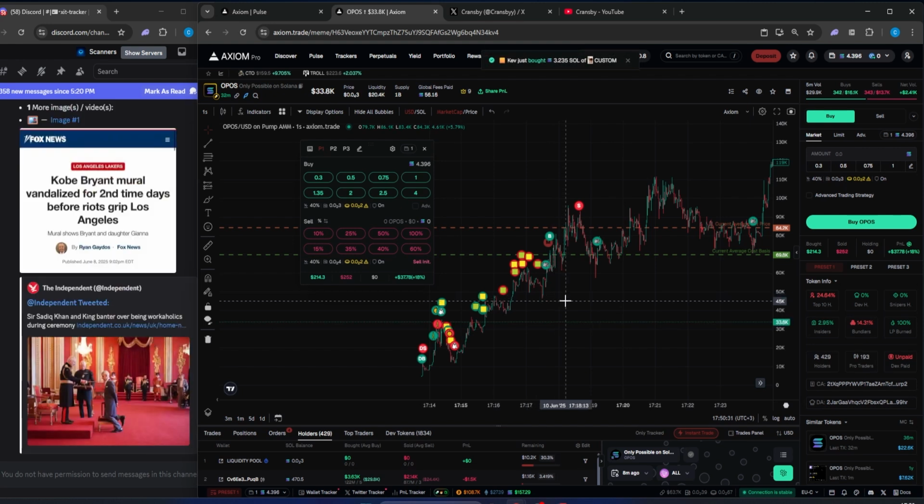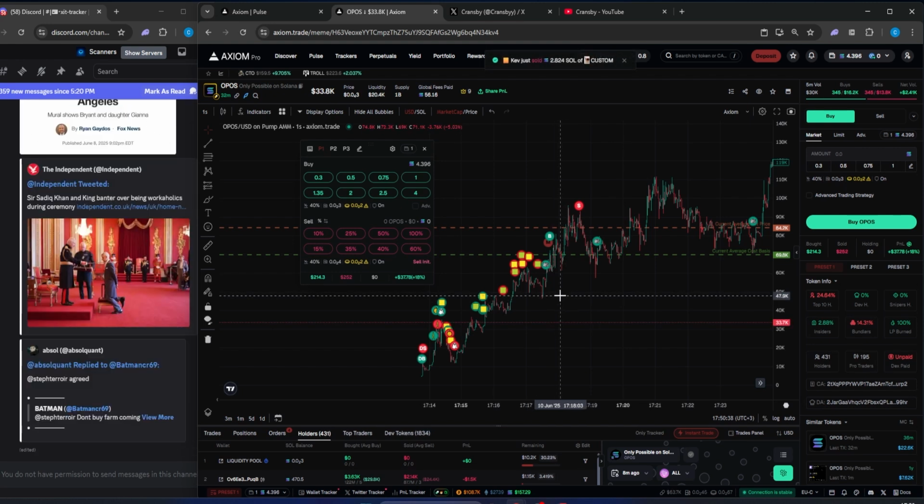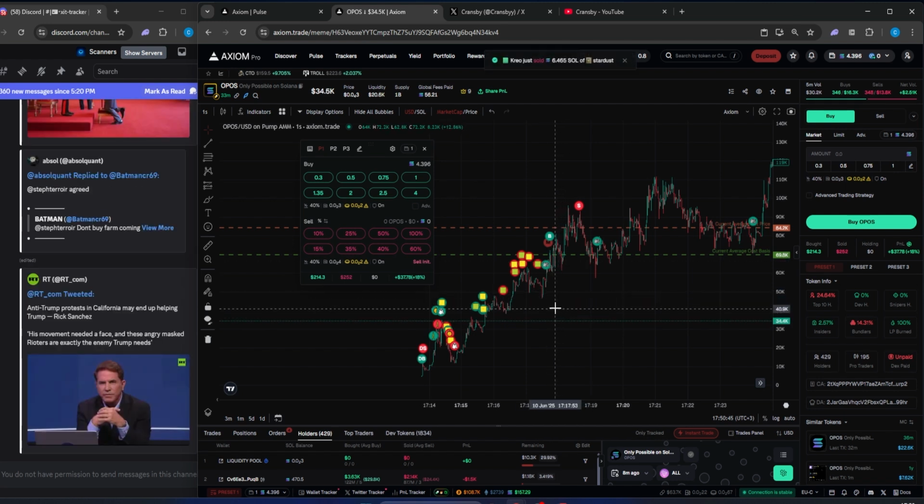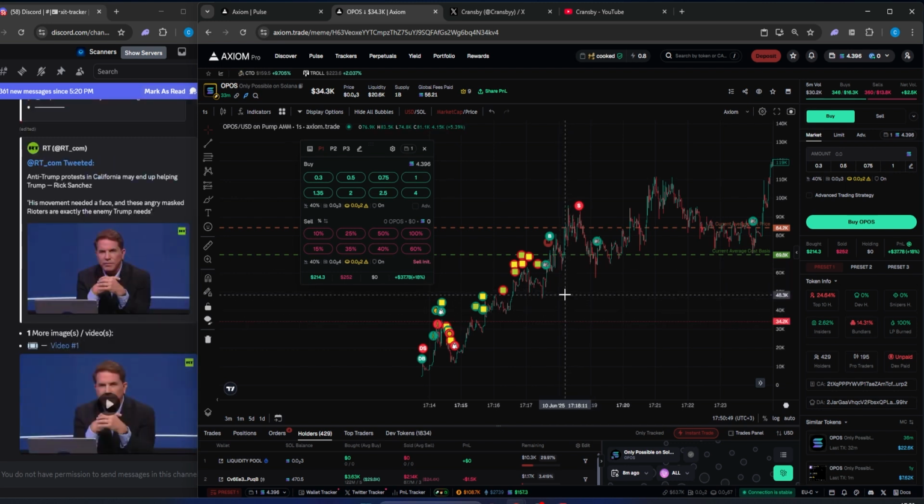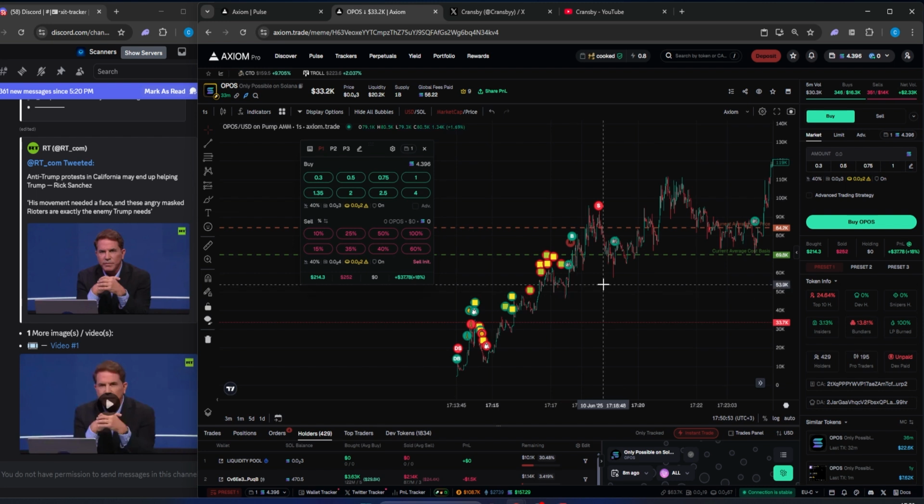That's the point where you enter the trade, because it's easy to see when the token starts to struggle after the dip and wants to bounce back so hard. That's the easy scalp trade you can do.